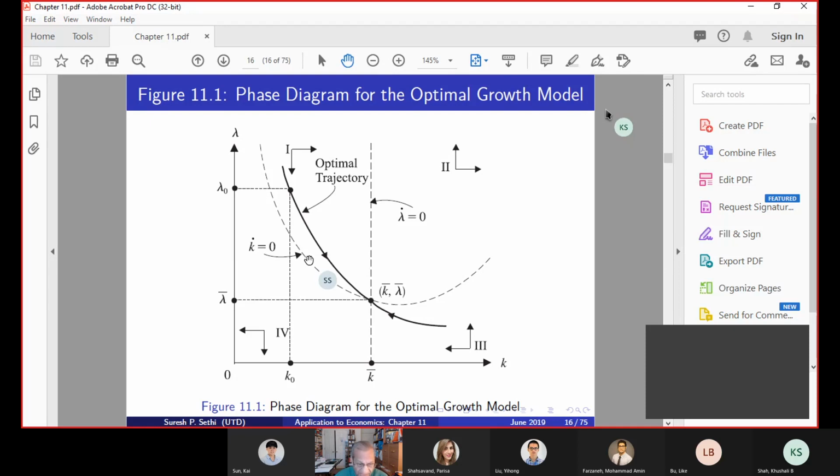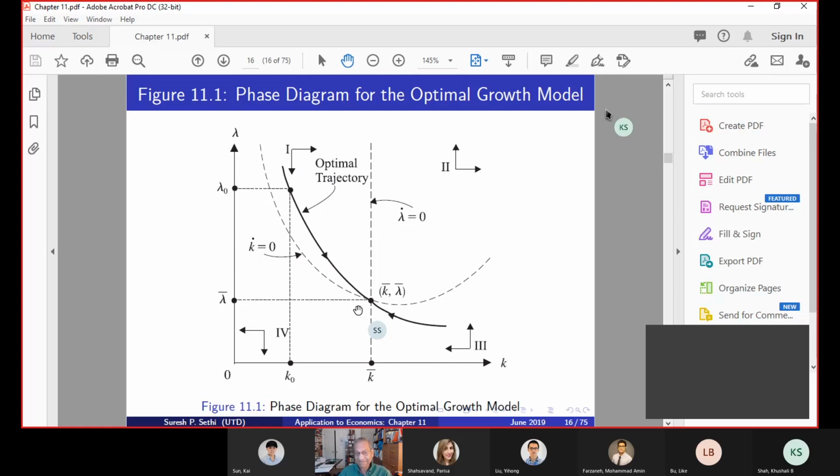Once I hit this line, this will operate, and I will just go like this. So if I start from here, I will go this way. If I start from here, I go this way. And so there is some point where I will hit exactly this point. Not there, not there, but exactly there.